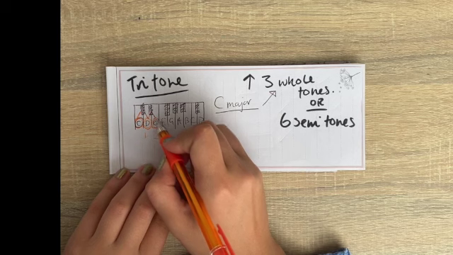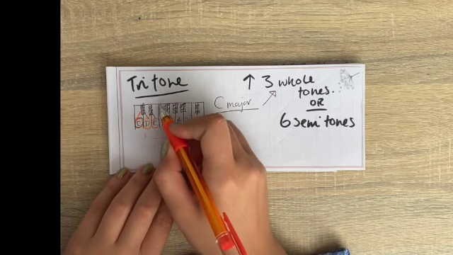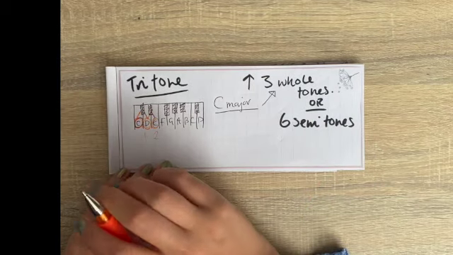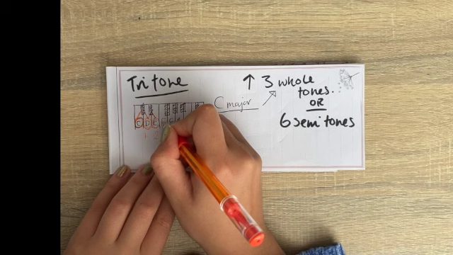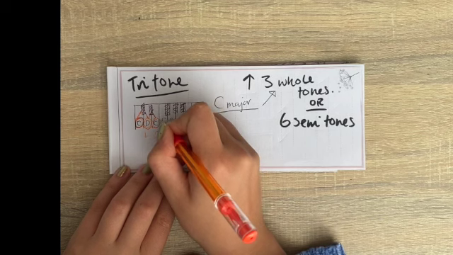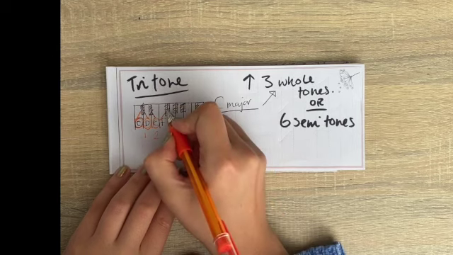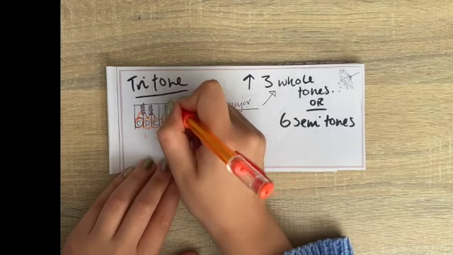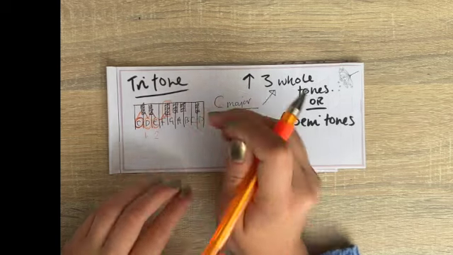A semitone between E and F, there is no black key. So that is a semitone in itself. So we would go to F for our first semitone, and then we would go to our black key here, and that would be our final destination.